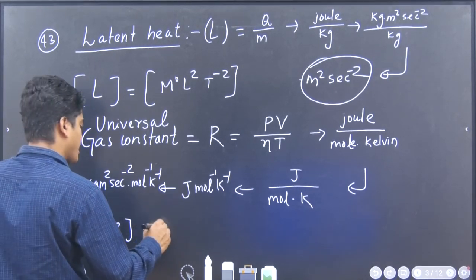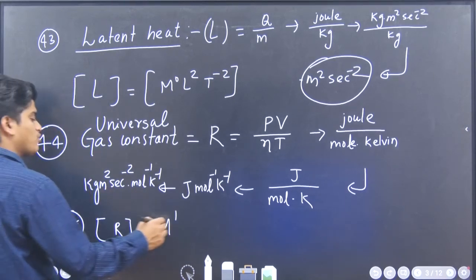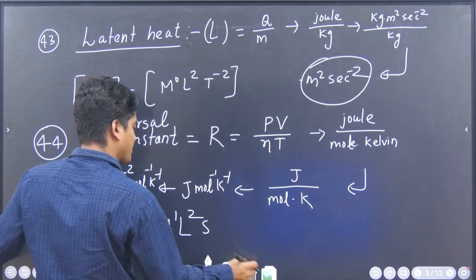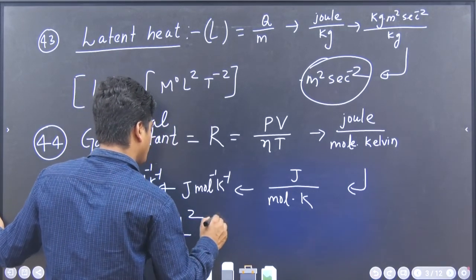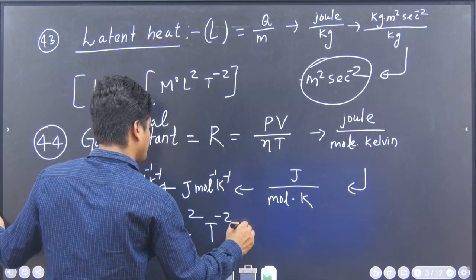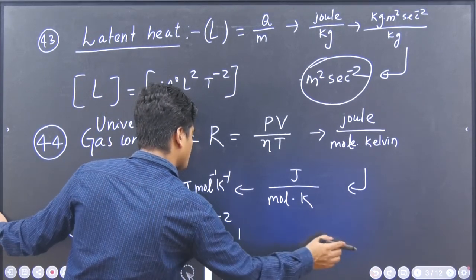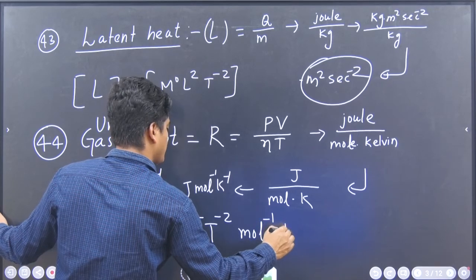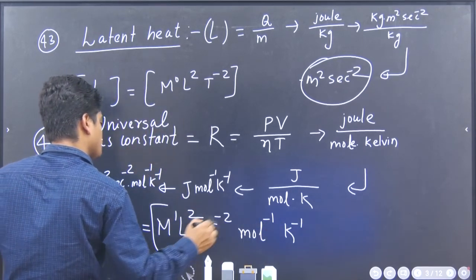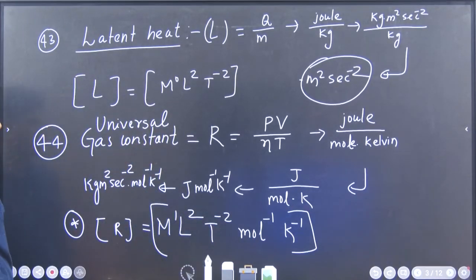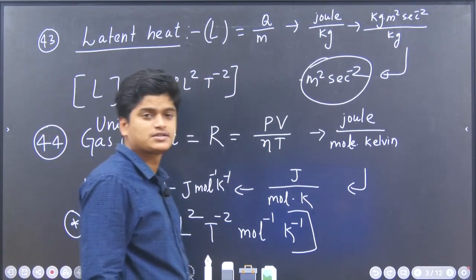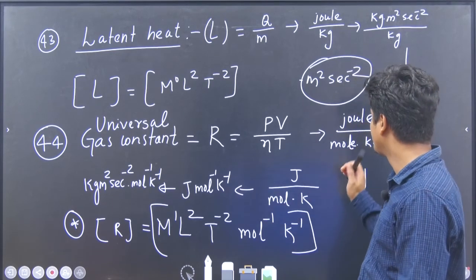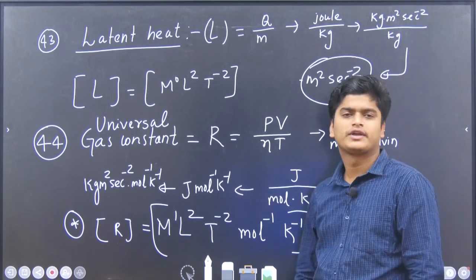It will be M to the power 1 because kg to the power 1 is there, L to the power 2 because meter to the power 2, then second to the power minus 2, so T to the power minus 2, then mole to the power minus 1 and Kelvin to the power minus 1. So this will be your dimensional formula for the gas constant. So universal gas constant, remember it is R, PV by nT, or joule by mole into Kelvin.